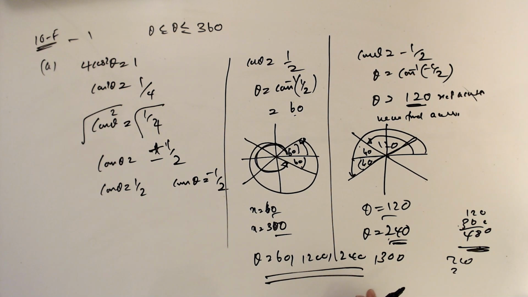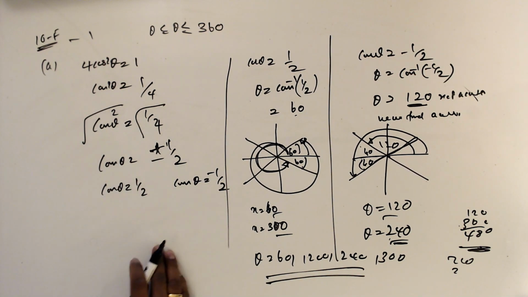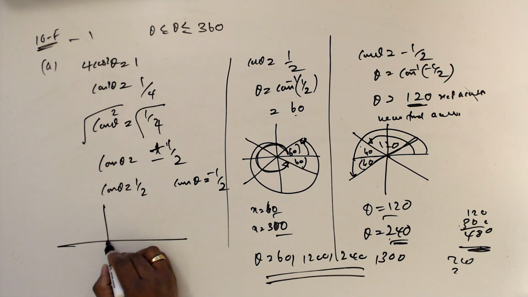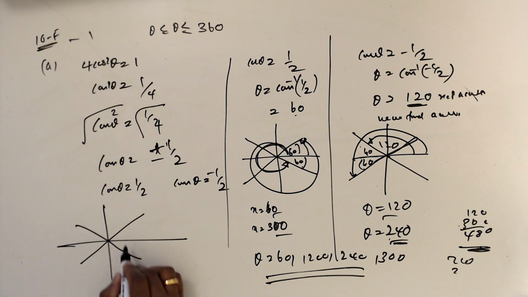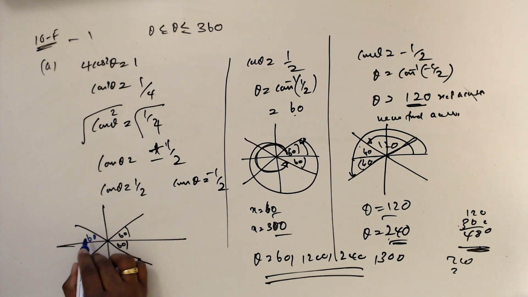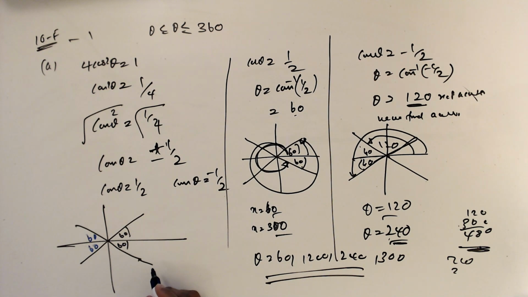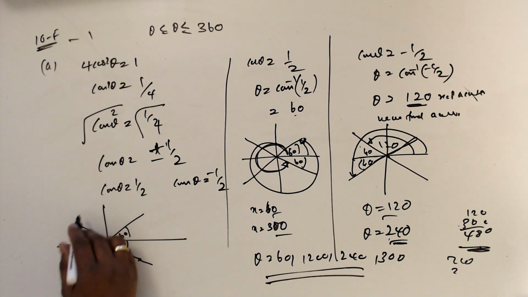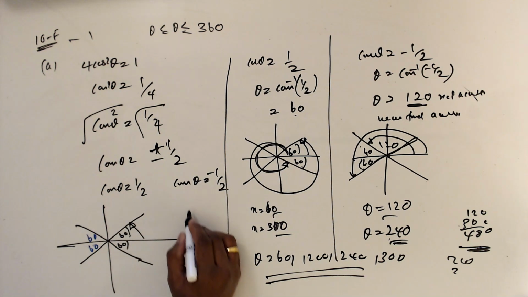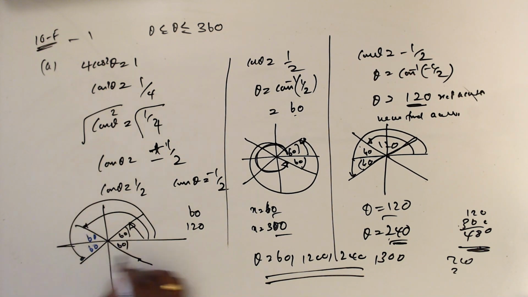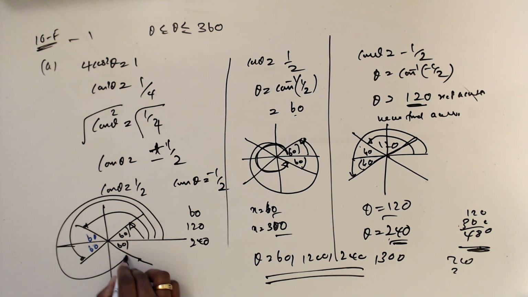Those are the angles. If you see plus and minus, you can work with one diagram, because cos is positive in the first quadrant and this angle is 60, and cos is negative in this one. If you have plus or minus, then we have to use all quadrants 1, 2, 3, 4. So the first one is 60, the second one is 120, the third one is 240, the fourth one is 300.